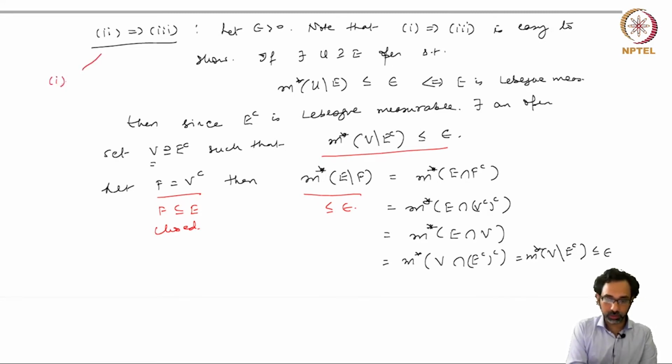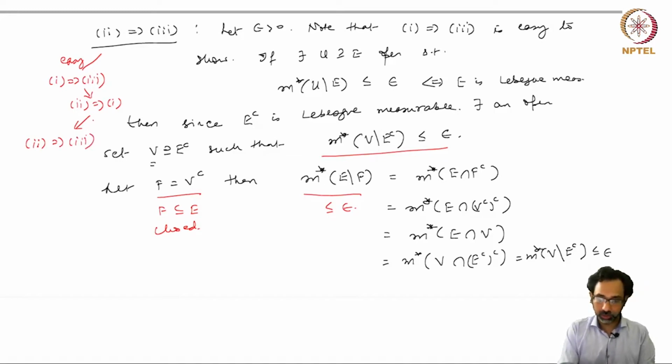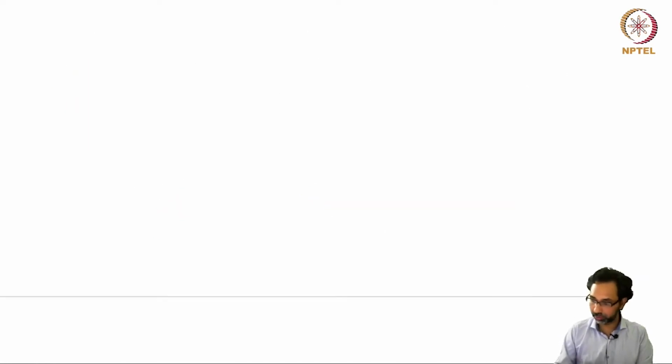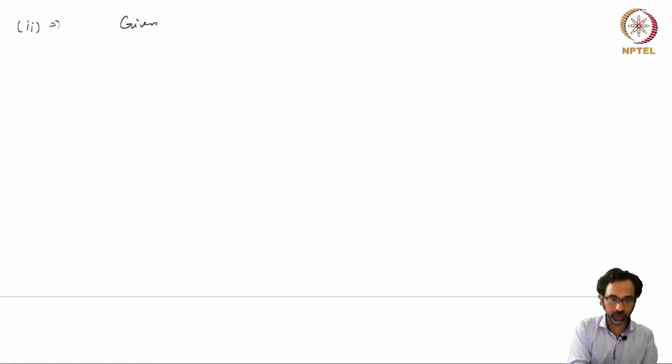The first one is 1 implies 3, which is easy, and we will also prove that 2 implies 1, and so this will imply that 2 implies 3. So let's try to show that 2 implies 1.